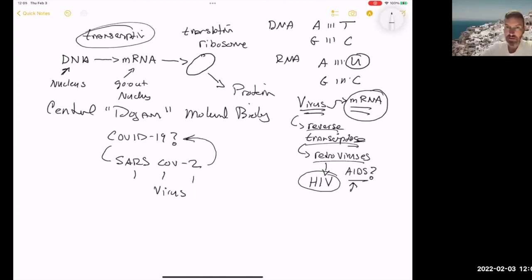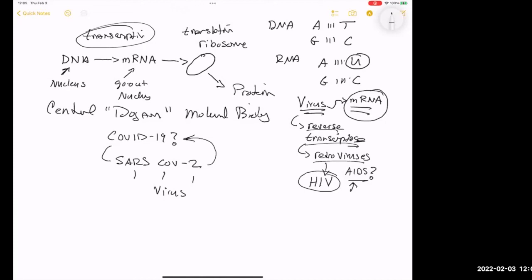Otherwise, if you just dump a bunch of RNA into somebody, that RNA cannot get into the nucleus and it cannot be turned into DNA, right? Only with reverse transcriptase can that occur. That's why we call these retroviruses, because they go backwards, in the opposite direction of the central dogma of molecular biology. Does that kind of make sense? Yes. Cool.